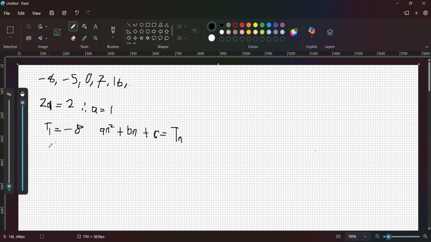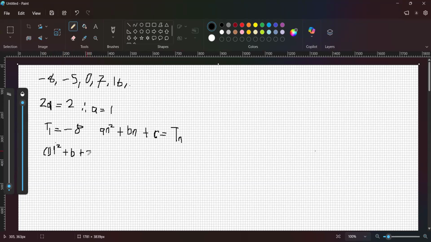So all we now need to do is to put our 1 there. 1 times 1 squared, but that's 1. Plus b times 1 is b. And then c is on its own.